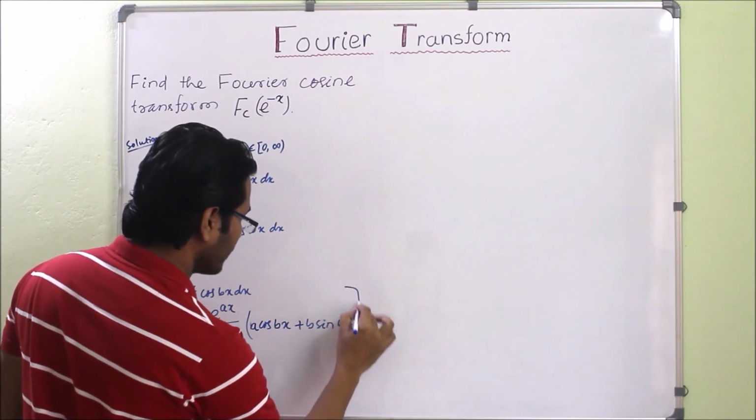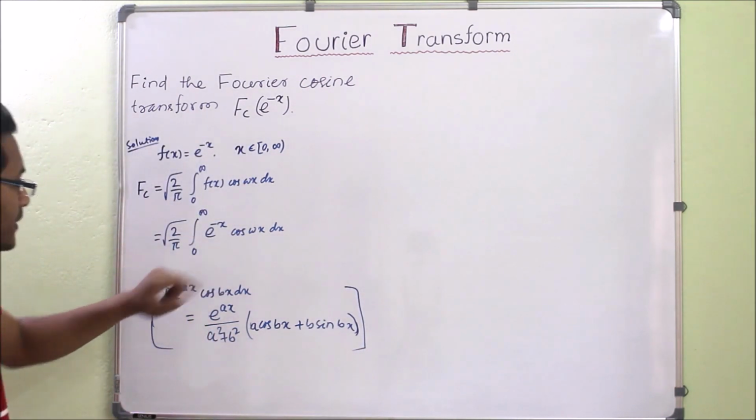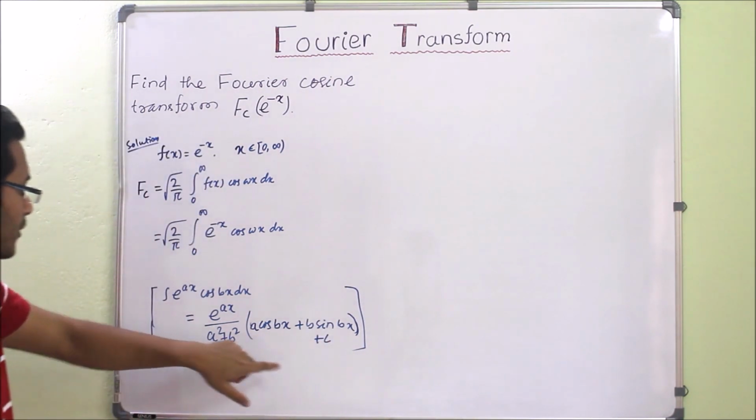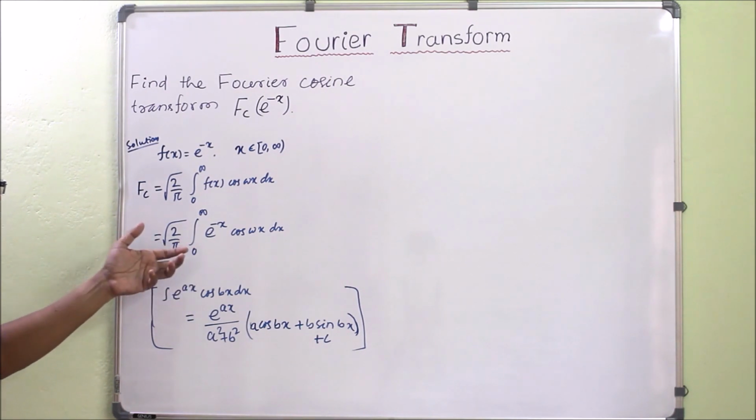Since the exponent is a, it is a cos bx, not b cos. This is our formula. We are taking the formula for the indefinite integral, so there is a constant term, but for the definite integral the constant term will not be there.